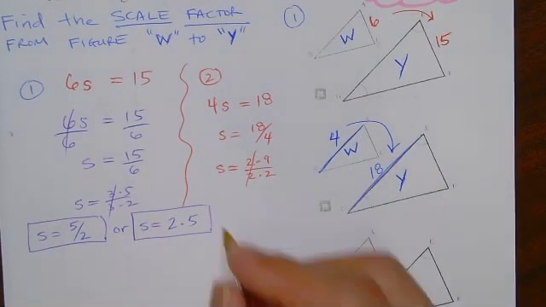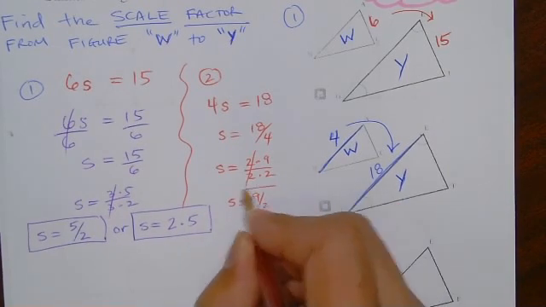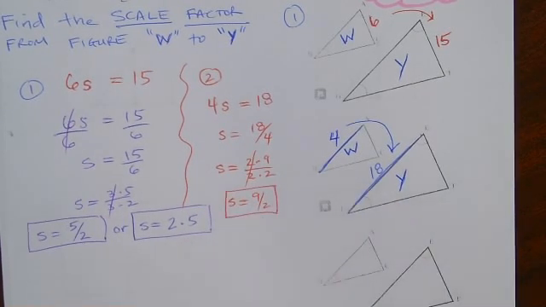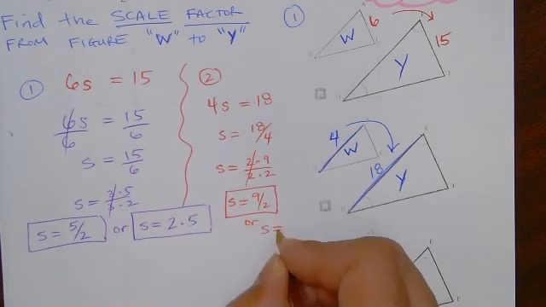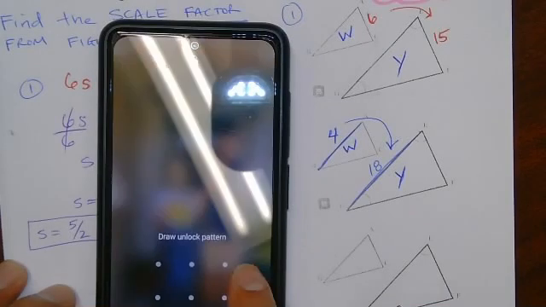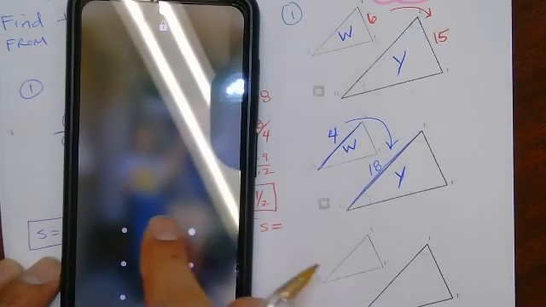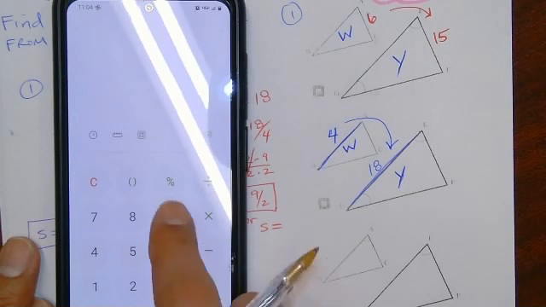What's the scale factor here in fraction form? 9 over 2, thank you. 9 over 2, okay, that is in fraction form the scale factor. But it's going to make a little more sense when you see it as a decimal. What's another way of saying 9 over 2, you guys? 9 divided by 2?